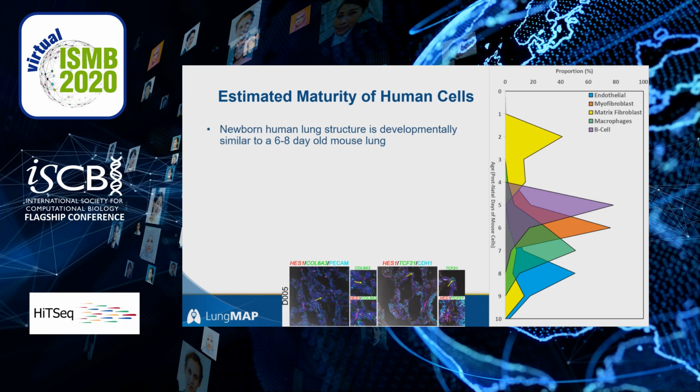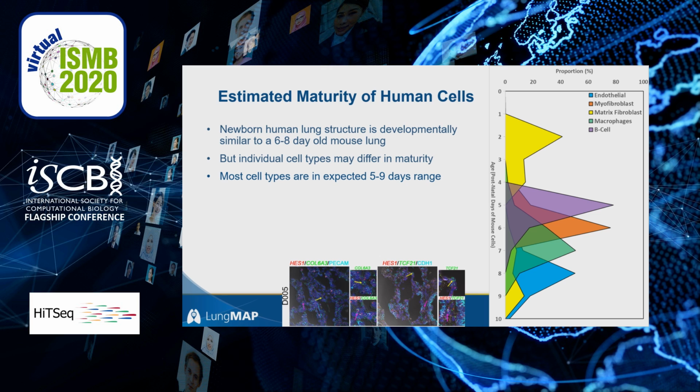When we did that, we could see that, as expected, because most of the human lung is similar to the mouse lung, which is 6 to 8 days old, most of the cell types were in that range. They were different by a day or two, but mostly within the 5 to 9 day range.